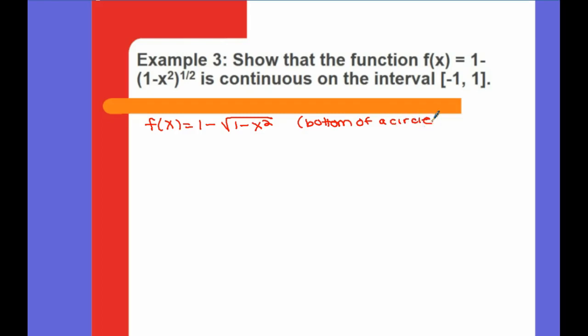This is like our r, so it's a circle with a radius of 1, and then the 1 here, if you move it to the end, would be positive, so it's shifted up 1. So it's the bottom of a circle with a radius of 1, shifted up 1.